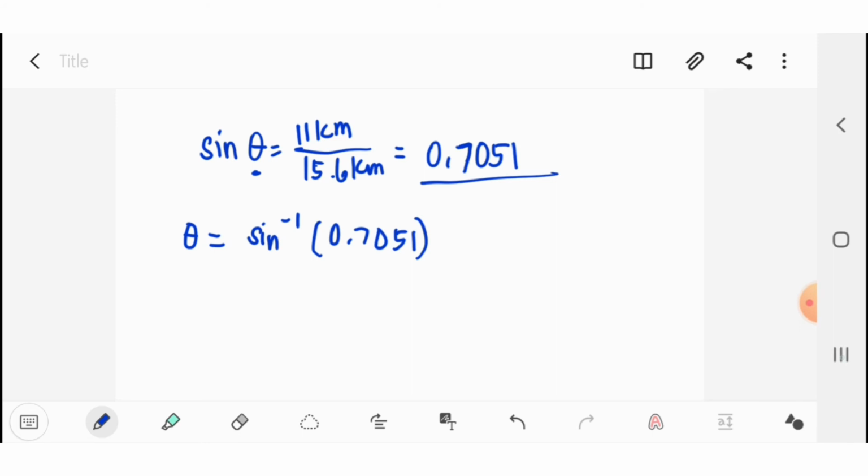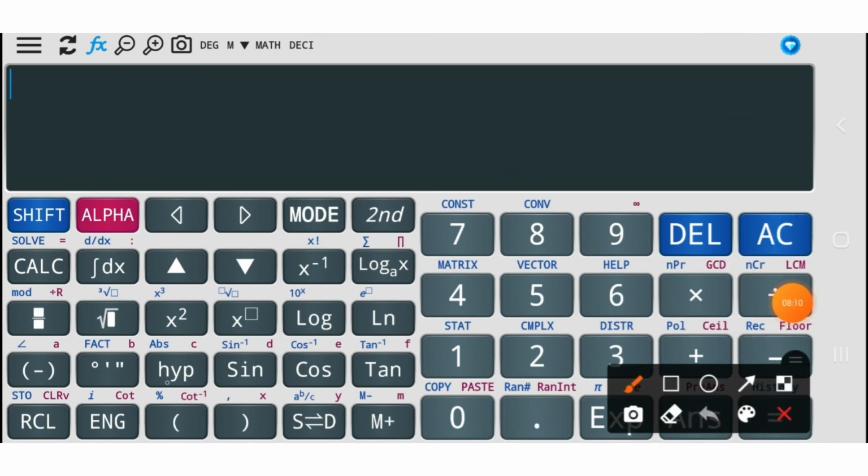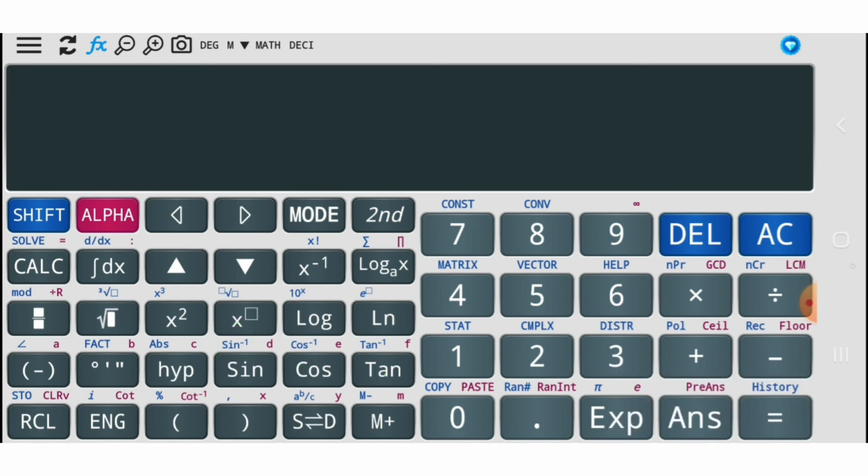To use your scientific calculators, this is how you're going to do it. Di ba meron tayong sine, cosine, and tangent for these three trigonometric functions. You can see at the top of that is sine to the -1, that is the inverse of sine. Cosine to the power of -1 is the inverse of cosine. Tangent to the power of -1 is the inverse of tangent.